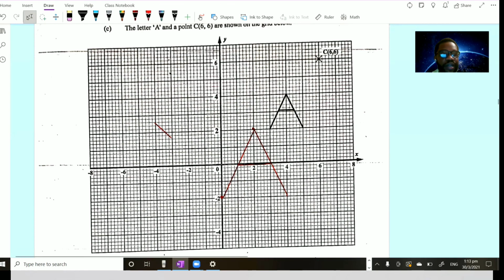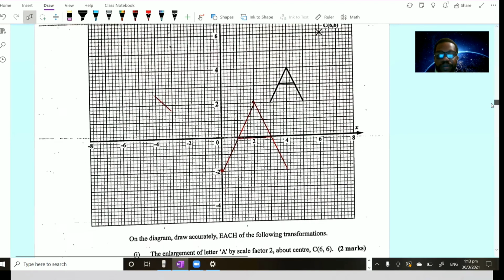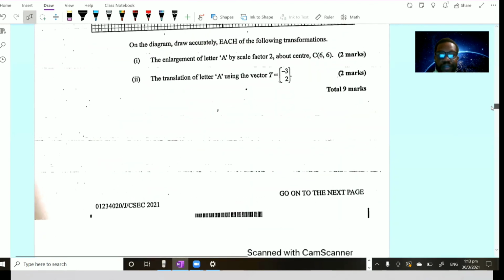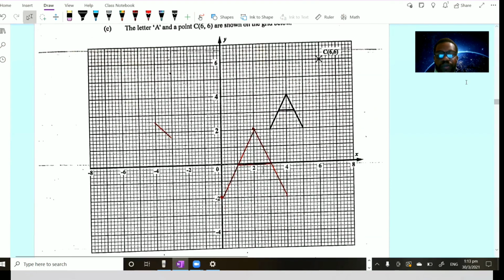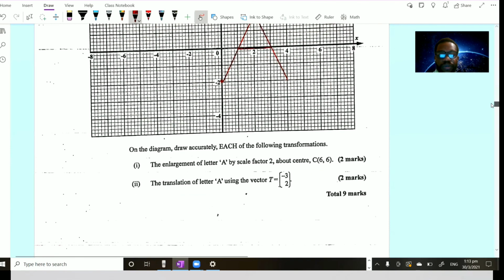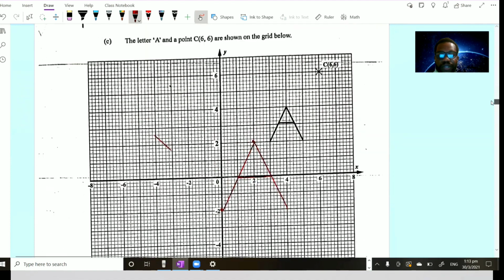So we're supposed to do an enlargement, and then of course we are supposed to do a translation using -3, 2. So with the translation, pretty straightforward. The image is going to remain the same size and shape as the object. All right, all we're doing is adding each point on the object to the translating vector, which is -3, 2.